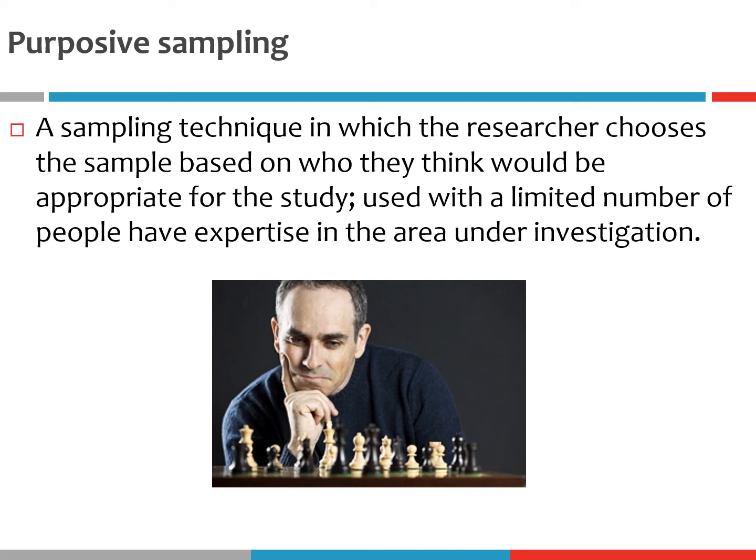Maybe you're interested in people who have PhDs, and you want to look at their cognitive abilities or the stressors that they encounter, then you would isolate your sample to individuals who have doctoral degrees.